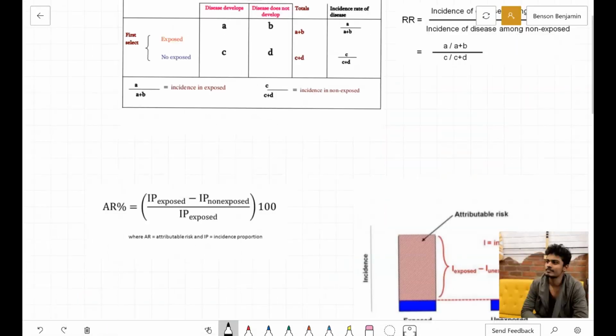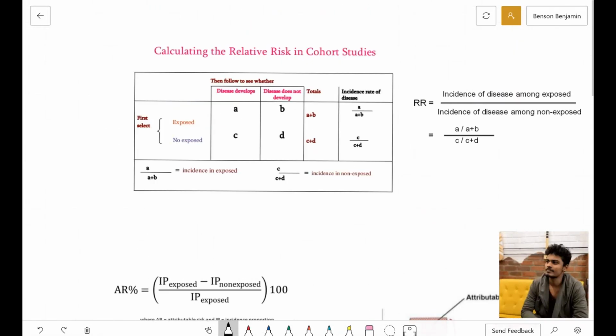I think the video has already been prolonged a lot, so if I add that also, you will become very bored. This is the cohort study 2 by 2 table. You can do this for a case control study also. Almost everything is the same, except this comes as case and control. This comes as case, this comes as control. Just see that. It's very easy, and try to learn that. If you're not able to, notify me. I'll try to do a video on that also.